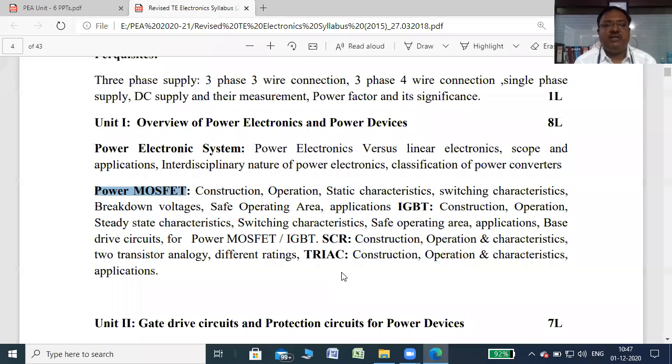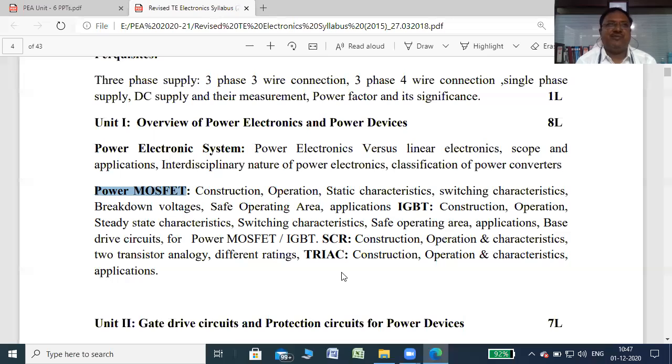Then the second device we have seen is the IGBT. It is a combination of BJT and MOSFET. The advantages are high gain like a BJT, low on-state drop like a BJT, and high input impedance like a MOSFET.